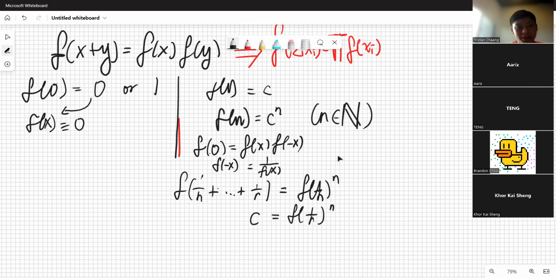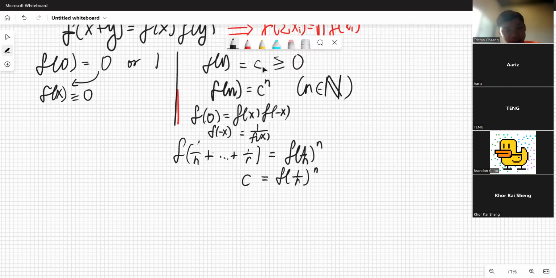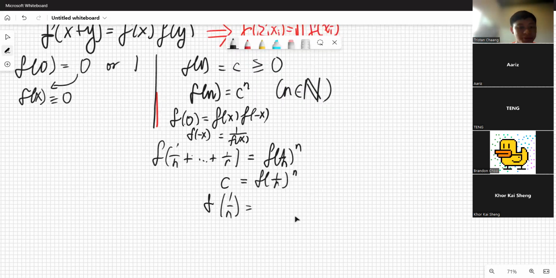So this is true. Now here comes one piece of information. When n is 2, this implies c is greater than or equal to 0, right? Because it's a square. So now, since c is greater than or equal to 0, we can say f of 1 over n must be c to the 1 over n.